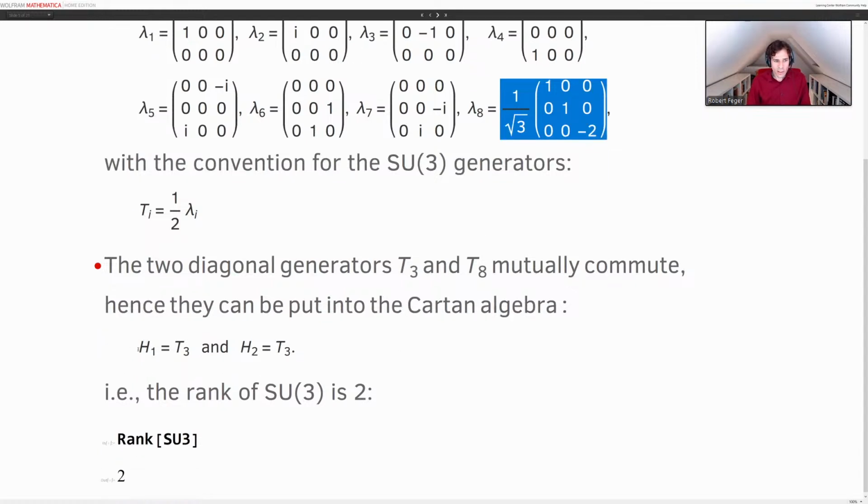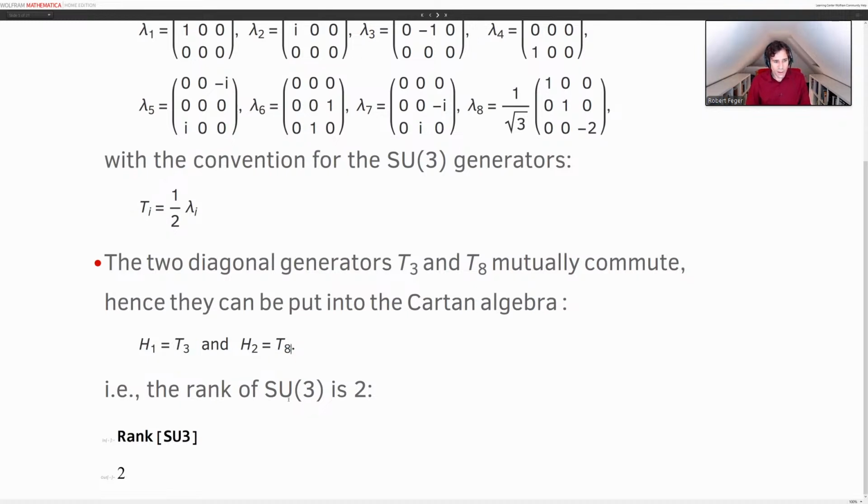So here you identify the first generator of the Cartan algebra with T3, and the second one with T8. This is wrong. This should be T8. So we have 2 of them. That means the rank of SU3 is 2. And this here is the first command that we use from LieArT, which gives you the rank of SU3.